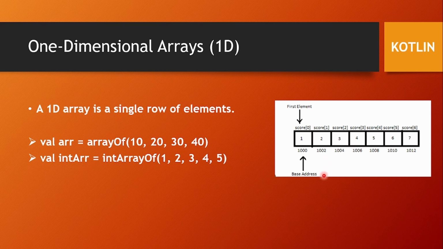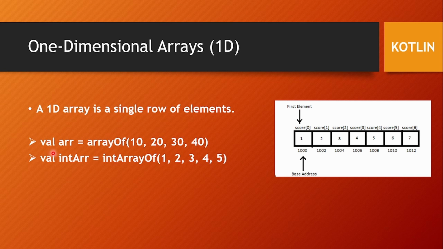As I said, the base address, or memory address, is 1000 and 1002, and the values inside are 1, 2, 3, 4 and so on. You can see these values are stored flattened, in one row only, inside of our memory.